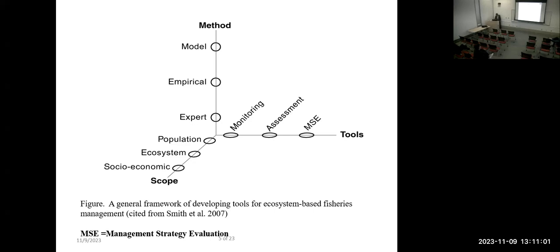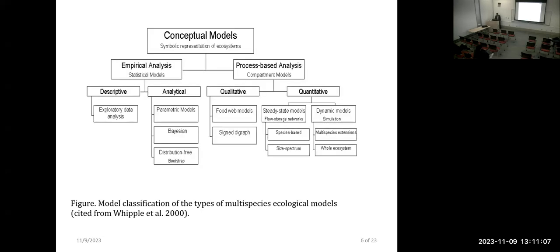The complexity of the scope increases exponentially when you consider all those key players in the fisheries. But in this talk, I want to focus more on the resource part: how we can reduce uncertainty with the help of computer simulations.